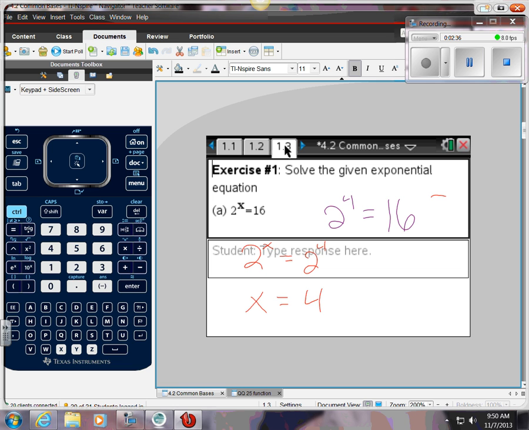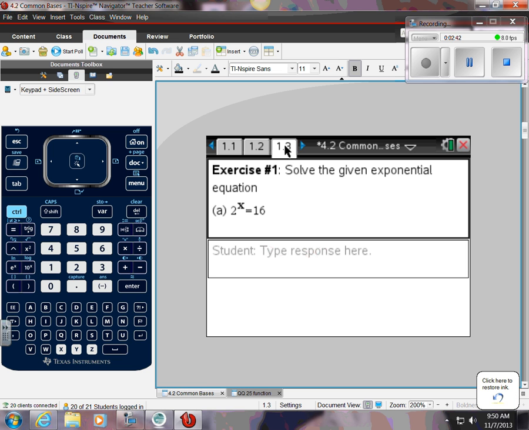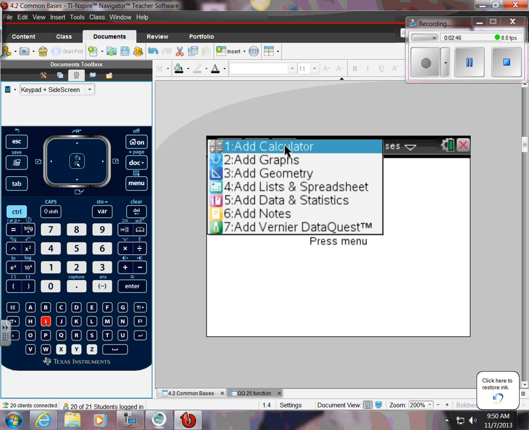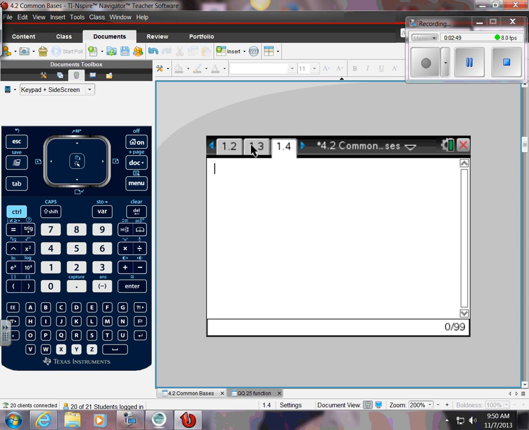So to check, we're going to use the store button. X equals 4.